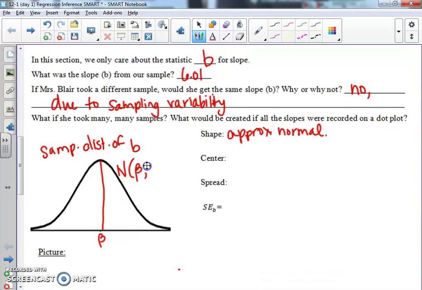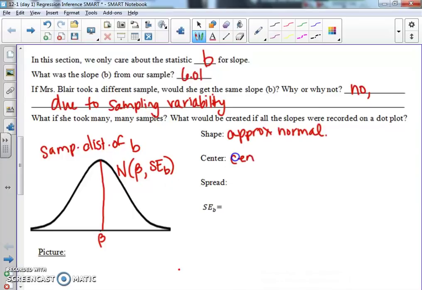And then here is always the standard deviation. Well, again, we're going to be collecting this information from a sample. We're never going to know the true value. So when I say that, it's the standard error of the slope. That's what we call it, the standard error, which remember is the standard deviation formula just used with statistic information, not parameter information.